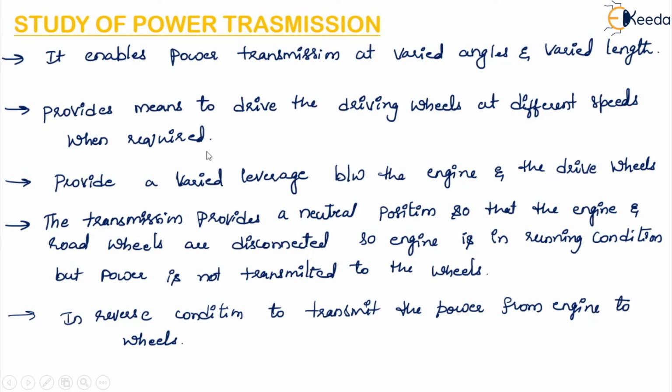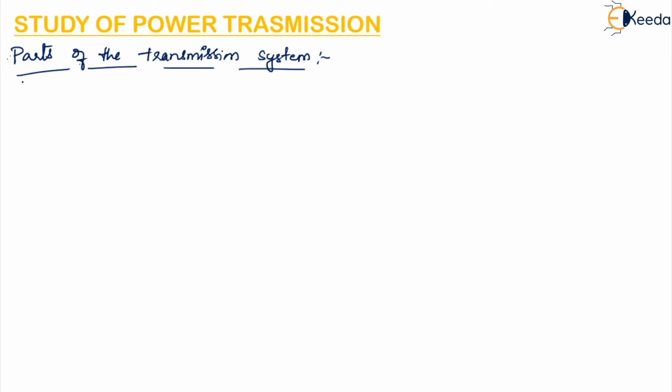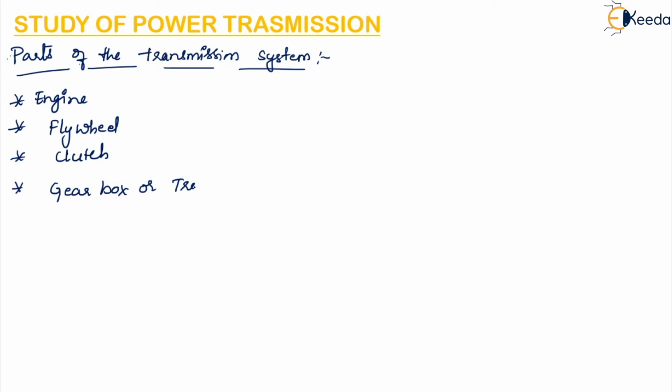So what are the different parts of this transmission system? The first one is the engine. The second is the flywheel. The third is the clutch. Then there is the gearbox, also called the transmission box.